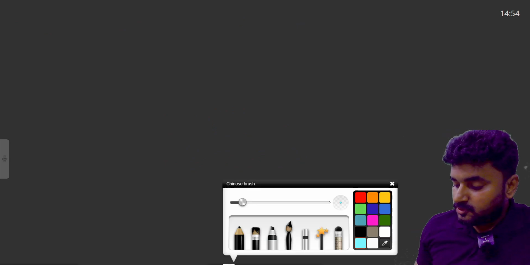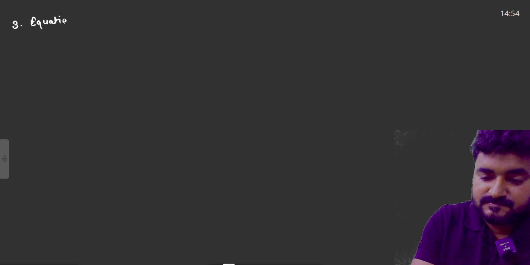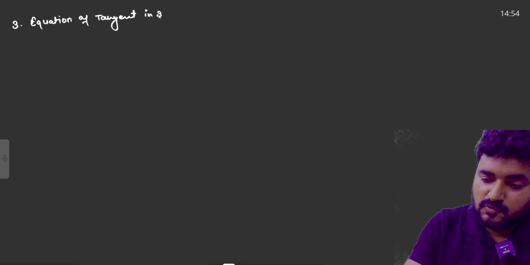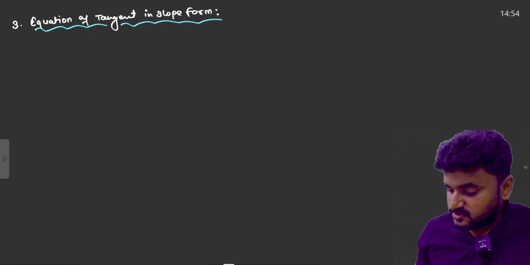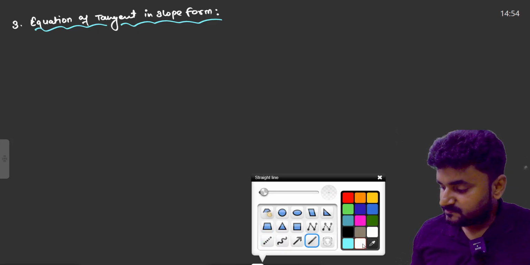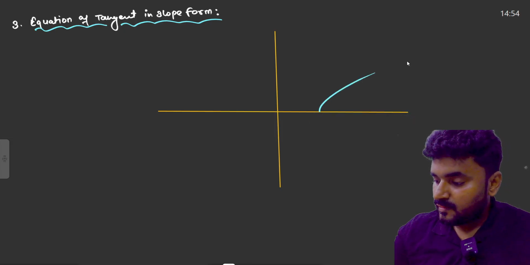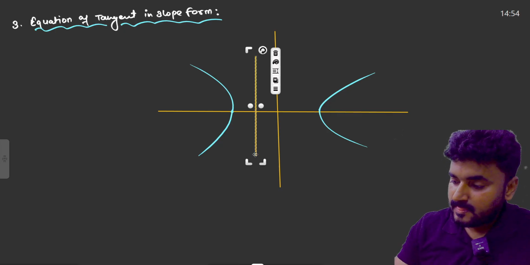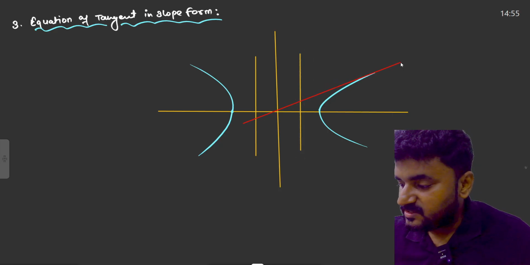So for the equation of the tangent in slope form, suppose this is any hyperbola, and I want to find the equation of the tangent on the hyperbola in slope form.